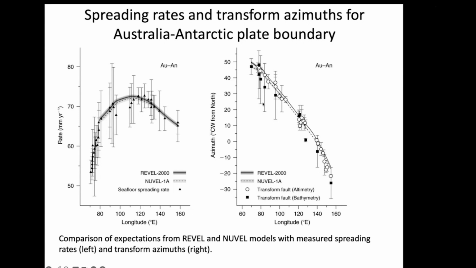Now the azimuths are also predicted, and you can see they also agree very well. So if we go plate boundary by plate boundary, for the most part, we see a remarkably good agreement between the geologic and the instantaneous ways of measuring plate motions, rates, and azimuths. Any questions about that? There might be a question, seeing if you remember the difference between geologic and instantaneous plate motion kinematic indicators on the midterm.